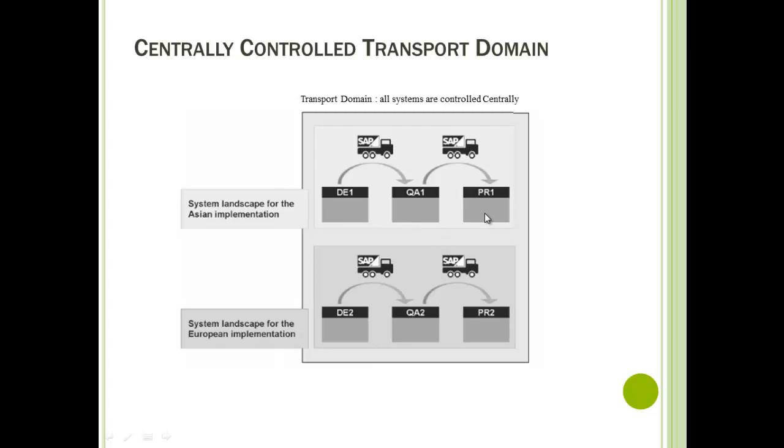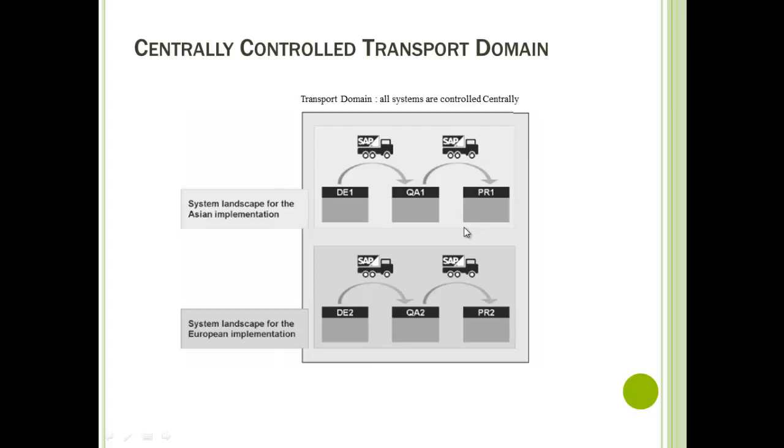That is also possible. You can have one approval system in the middle, so that the QA system is separated from the actual approval system. Using the TMS, you will be able to define the system landscape and the system role or client role of individual systems in the entire transport domain, as well as configure the transport route using the standard transport route, or configure the transport route by yourself.